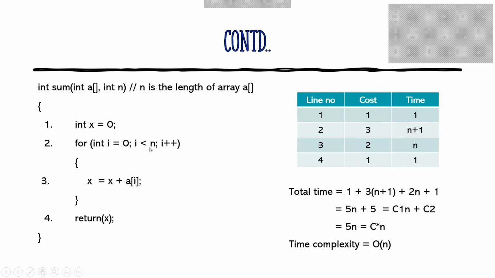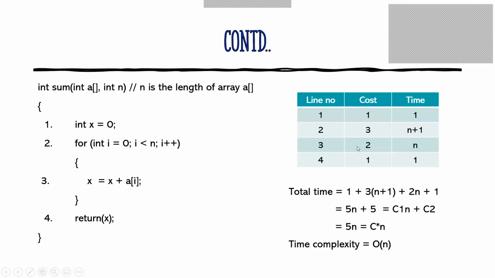As long as i is less than n, it will keep adding the numbers in the array. The moment this condition fails, the loop will stop running and exit. For this exiting condition, it will take another unit of time. So the time for this for loop is n plus 1.